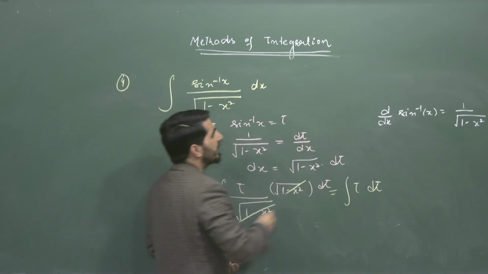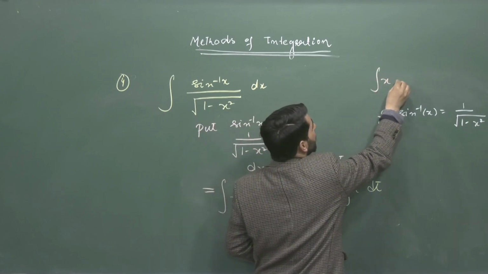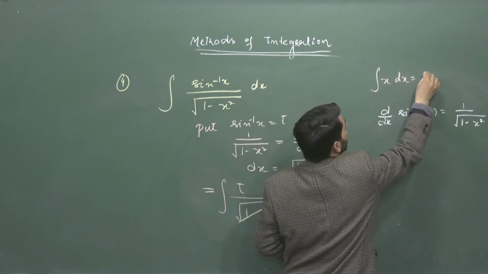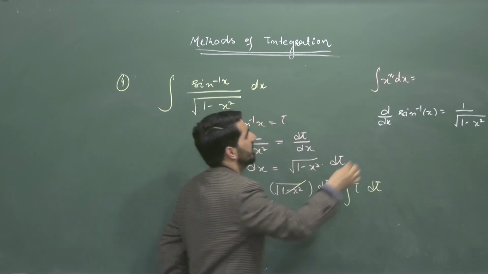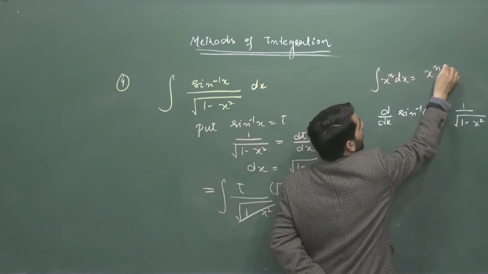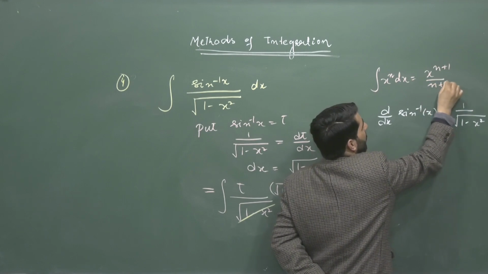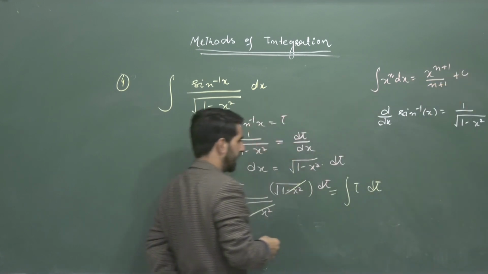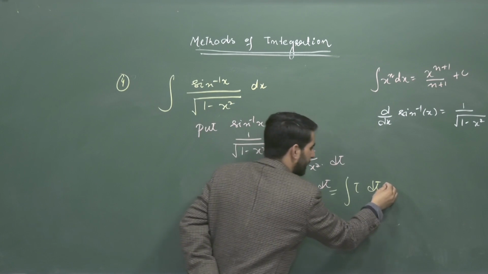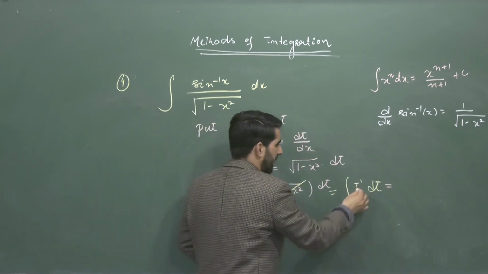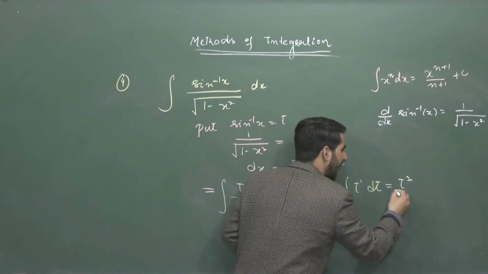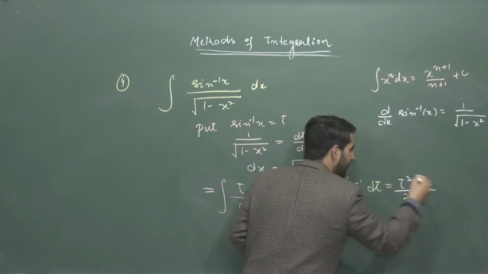As we know that integration of x raised to power n dx is x raised to power n plus 1 divided by n plus 1 plus c, in the same way, integration of t dt is t square by 2 plus c.